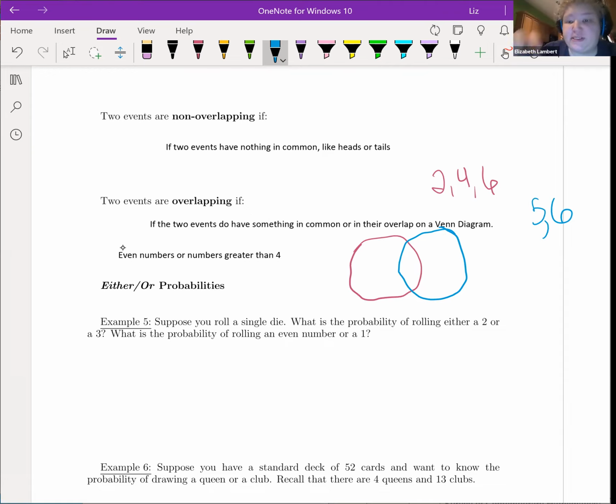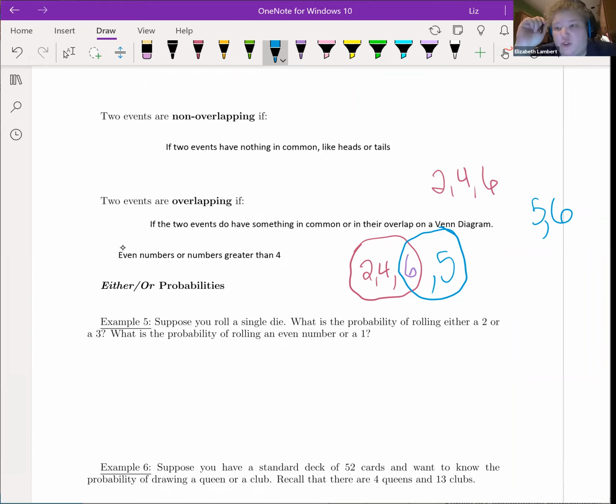So looking at those two sets, yep, I do see something in common. So that 6 is what would go in the overlap. And then the 2 and the 4 would be here. And then the 5 would be here. So there are 4 out of 6 things if I want to know the probability of getting an even number or a number greater than 4. It's a little silly on a die because there's only 6 things.